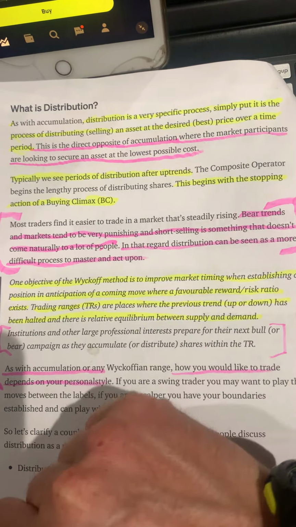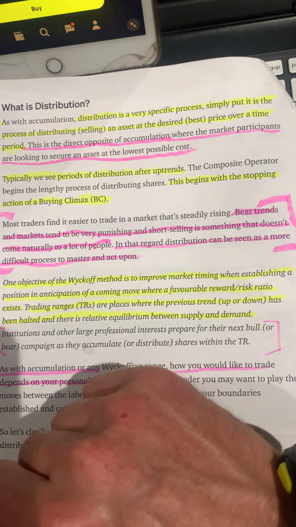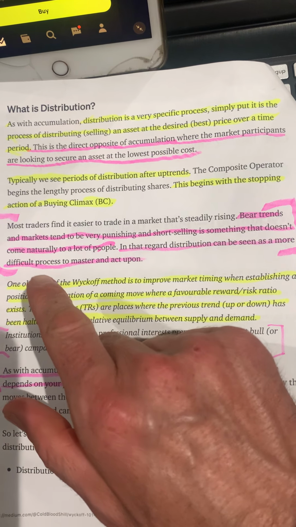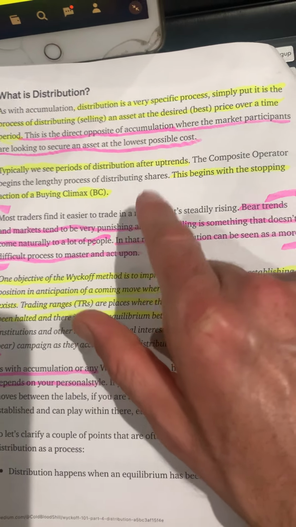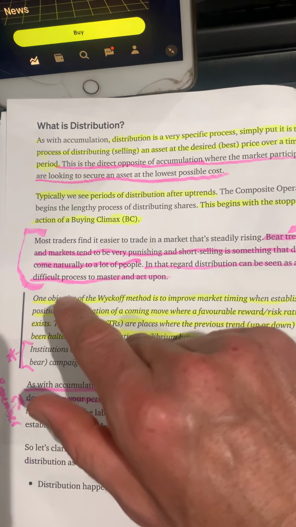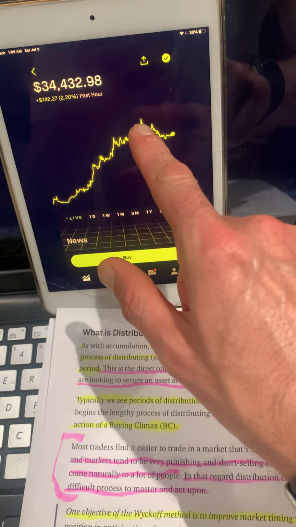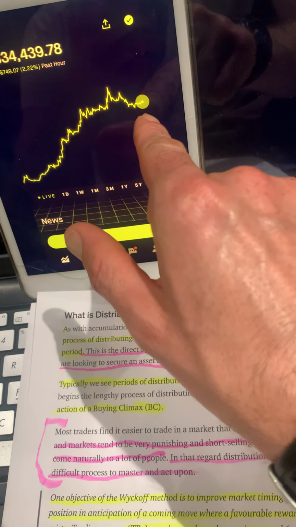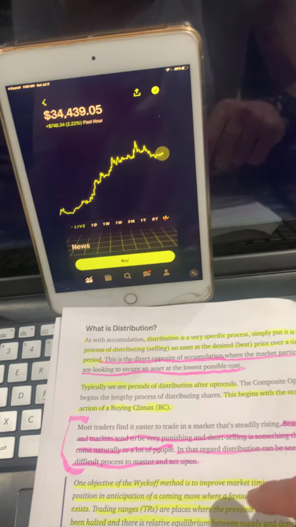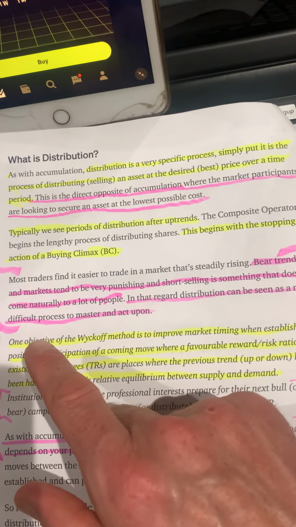In that regard, distribution can be seen as more of a difficult process to master and act upon. That's why we see some of these guys in the distributive phase short selling the stock. Those are what the pros can do. I do not recommend doing it.